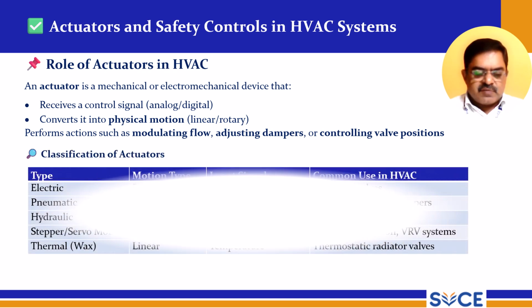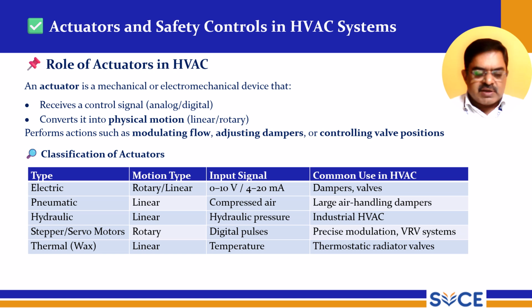So, classification of actuators: electric, pneumatic, hydraulic, stepper, servo, thermal. Motion type: rotary, linear, rotary, linear. Input signal: 0 to 10 volts or 4 to 20 milliamps; compressed air in case of pneumatic; hydraulic pressure; stepper motor digital pulses; thermal temperature.